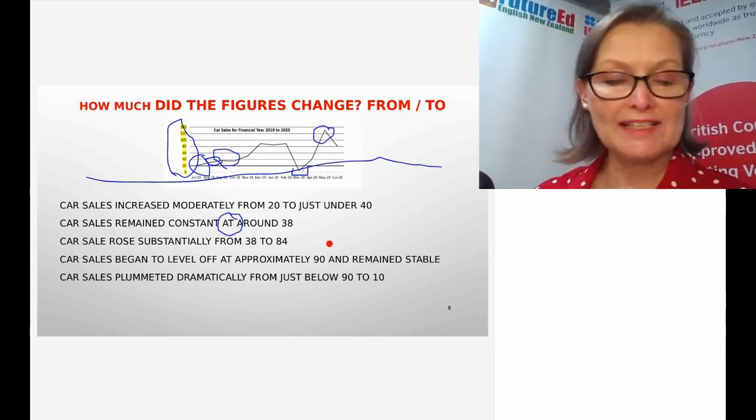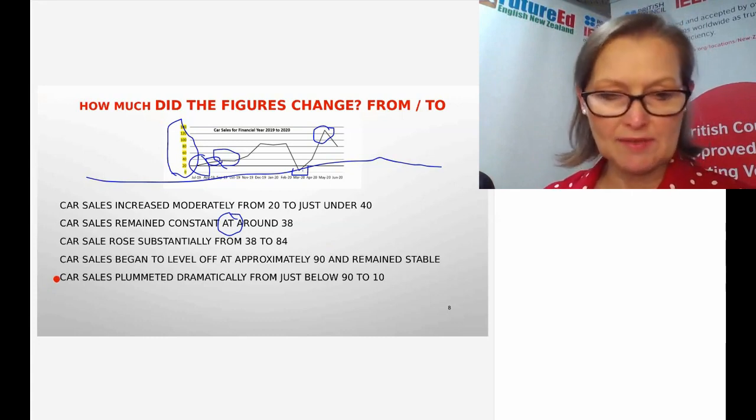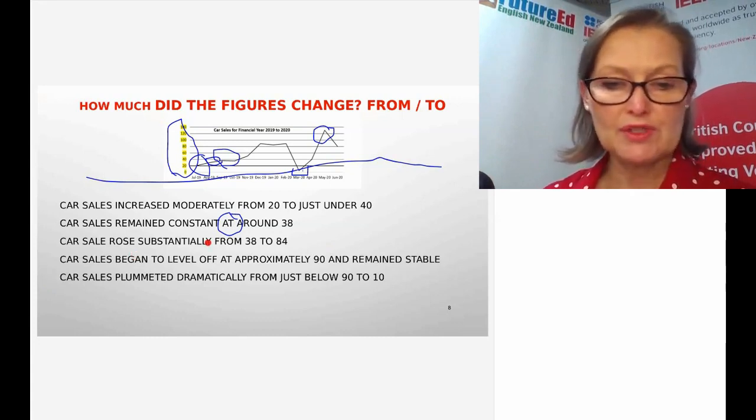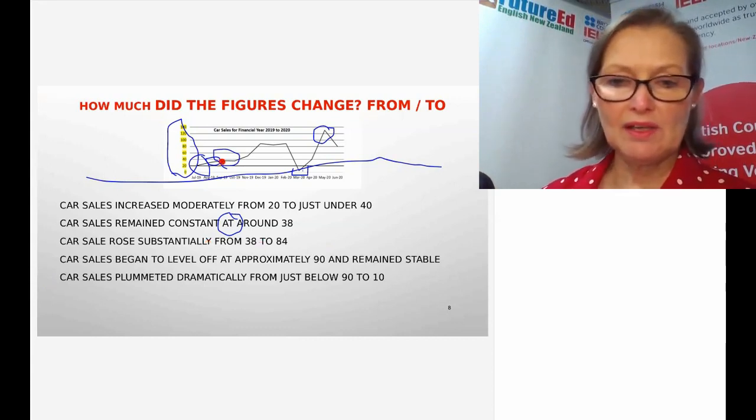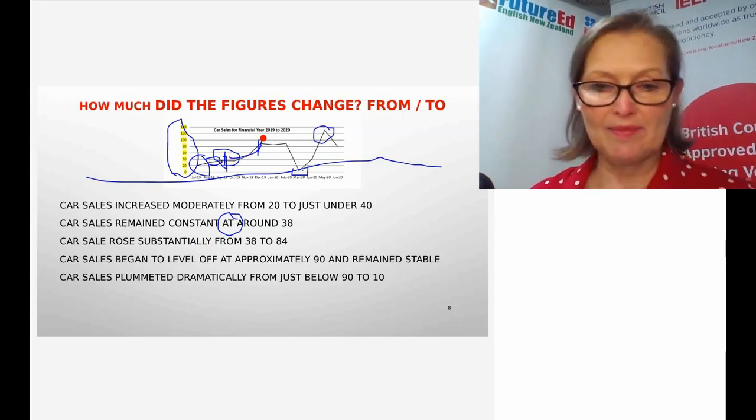Let's have a look at my next sentence. Car sales, that should have an S on it. Car sales rose substantially from 38 to 84. So there's my substantial rise, and although it varies, we're looking at from this point over here to this point over here, and we're talking about a substantial rise during that period of time.